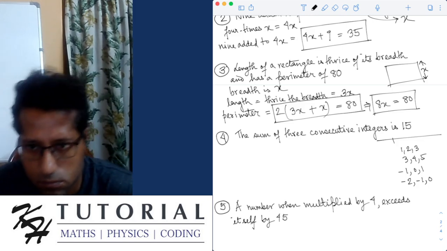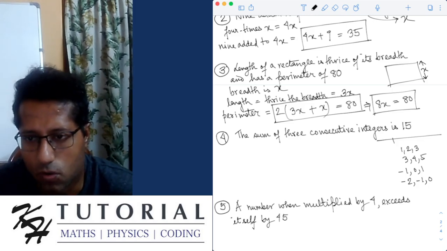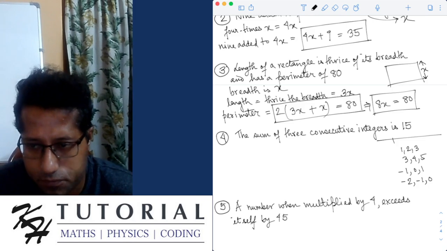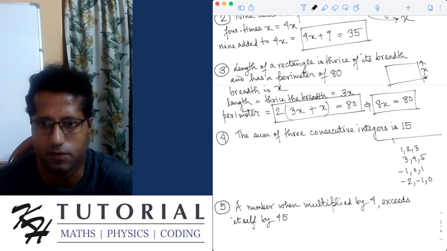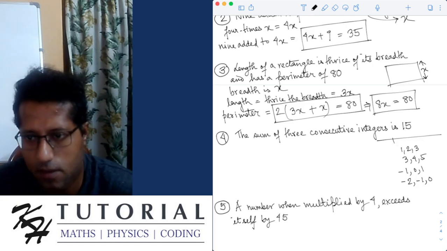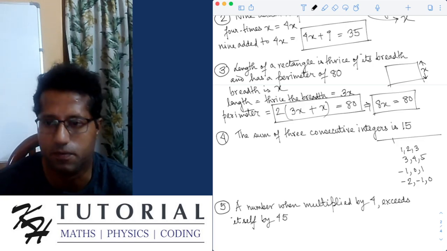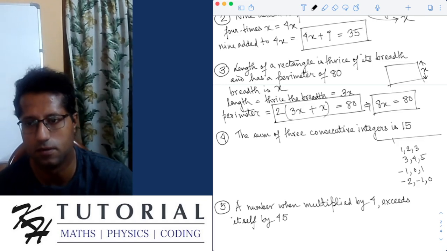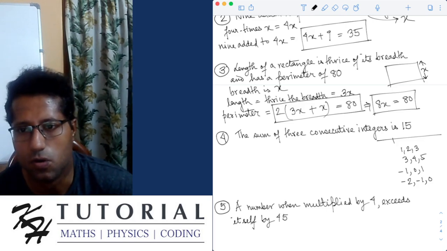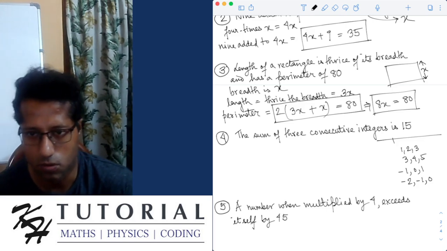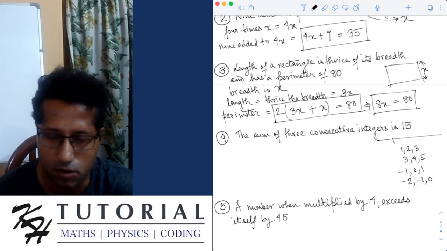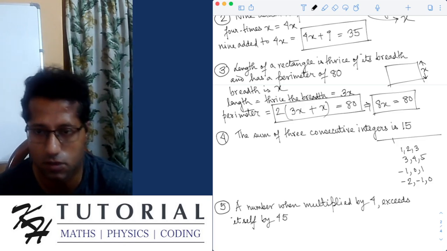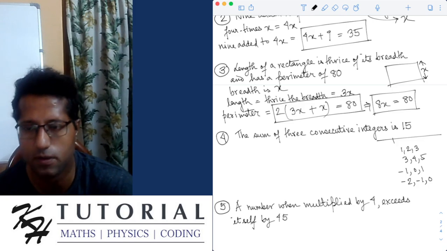Now, since we already know there is a relation between the 3 consecutive integers, that the second integer will be one more than the first one, and the third integer will be one more than the second one, the easiest way is to consider the first integer of the 3 consecutive integers as the unknown integer.